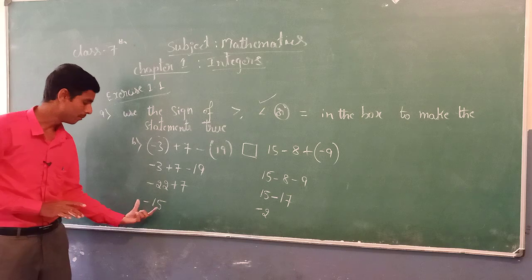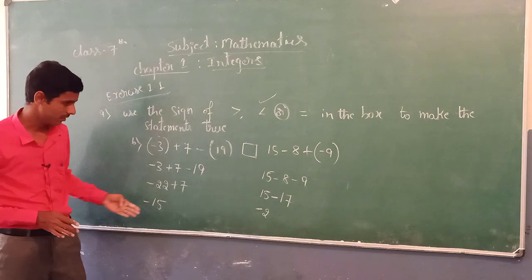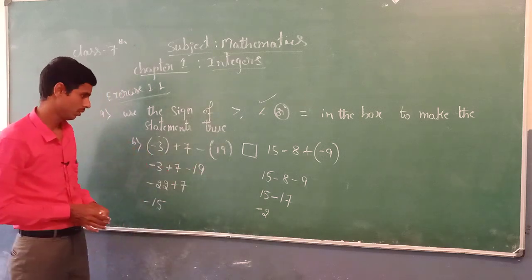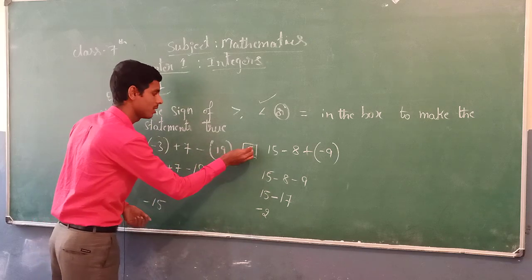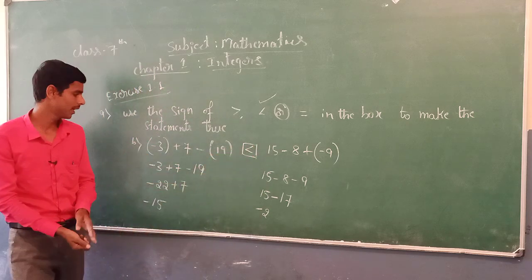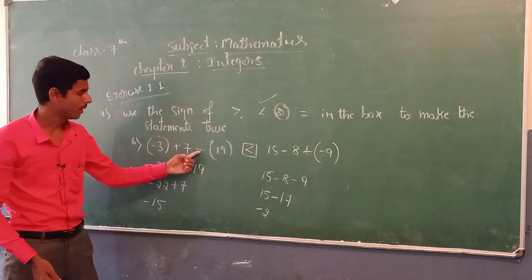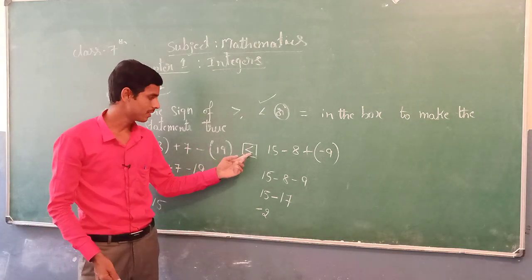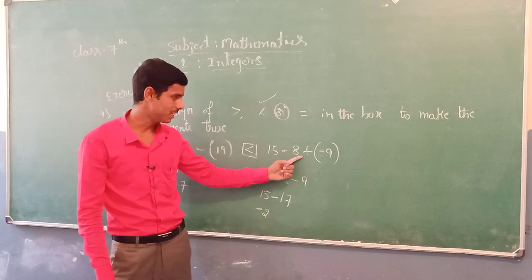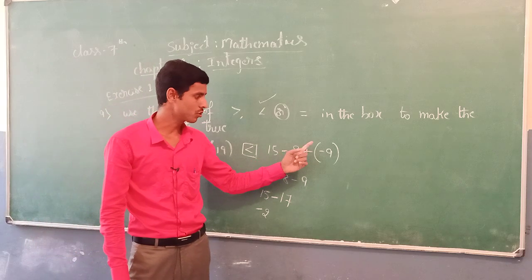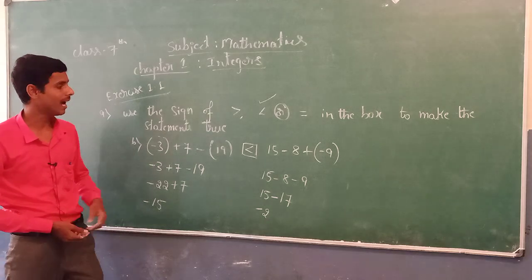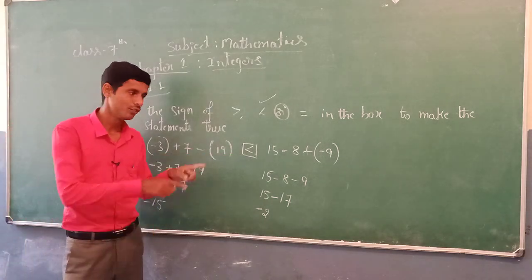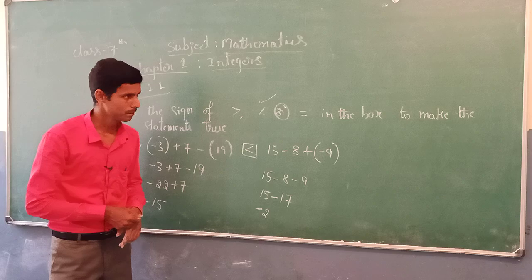Therefore, minus 15 is less than minus 2. So minus 3 plus 7 minus 19 is less than 15 minus 8 plus of minus 9. That is how we have to verify, and we can fill that box.